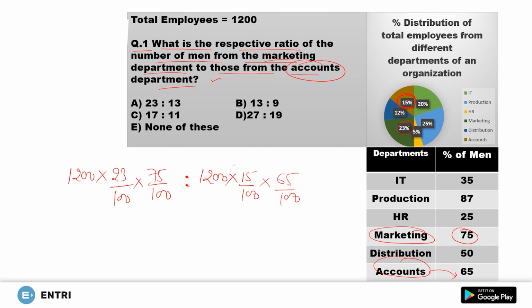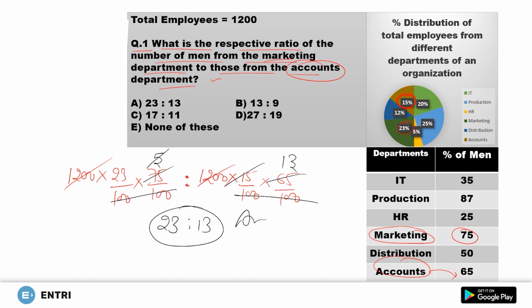So now this 1200 will cancel out this 1200. Okay. Now these hundreds will cancel out. This 15 will cancel this 75 by 5. This 5 will cancel this 65 by 13. So you will get 23 ratio 13, and this one is the answer.